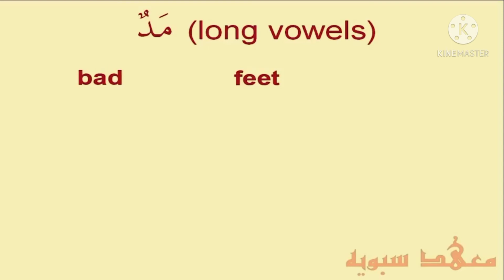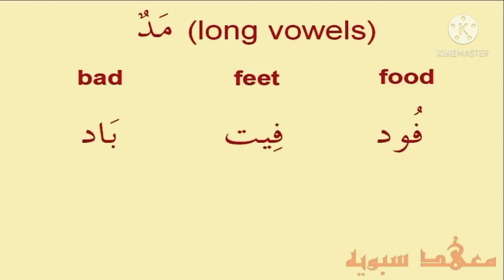And also the word food. So we don't say food, we say food. So there's the elongation of the U sound, food, not food. Now if I transliterate this into Arabic, I get the following. So we have bad, feet, and food. In the first example, bad, it's the A sound that's being elongated.